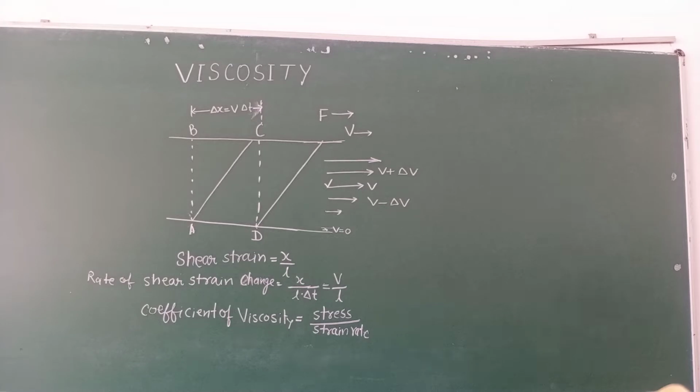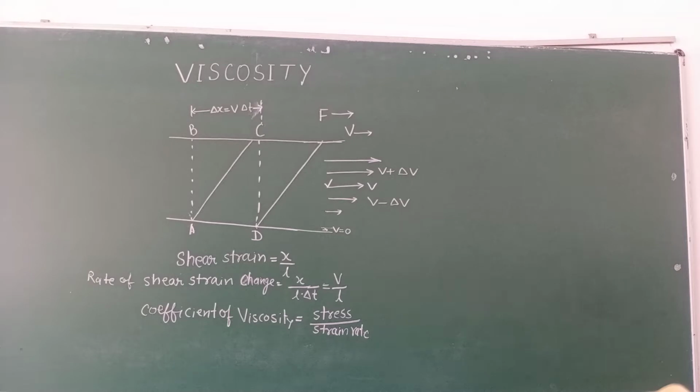You can easily observe the viscosity phenomenon in water when you allow water to fall and flow on the surface of our home, the floor of the home. Then it will move up to a certain distance and then it comes to rest.